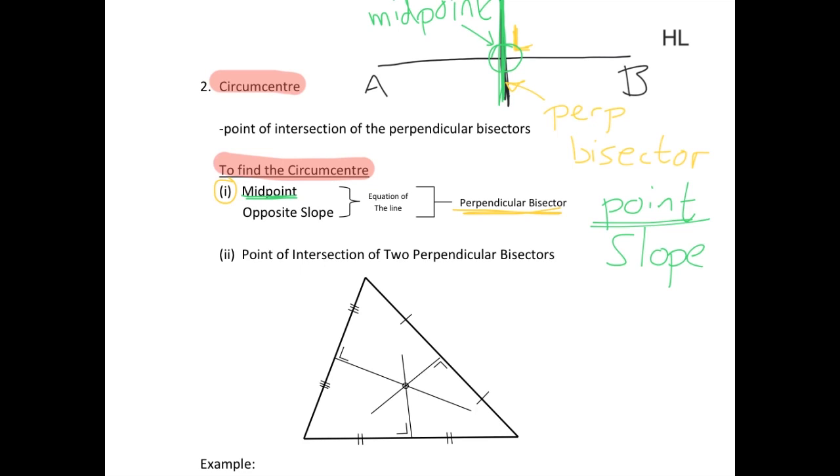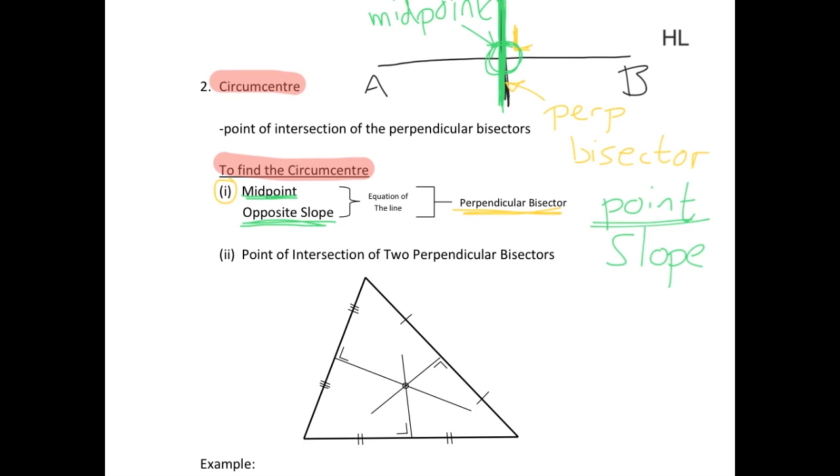So to find a point on the perpendicular bisector, we can just use that midpoint since it lies on the line of the perpendicular bisector. And then what we need to find is the slope of this line, and we'll do that by finding the opposite slope, or the perpendicular slope, to each of our lines along our triangle.